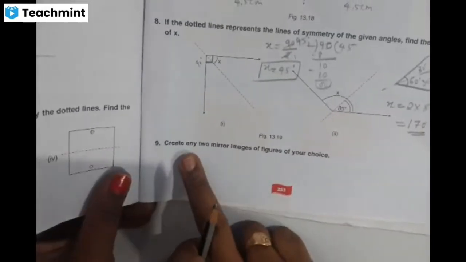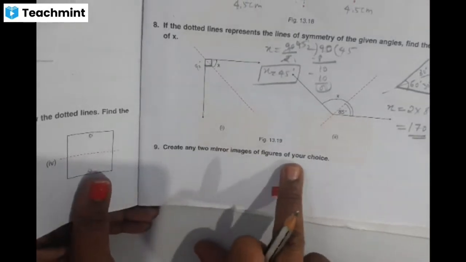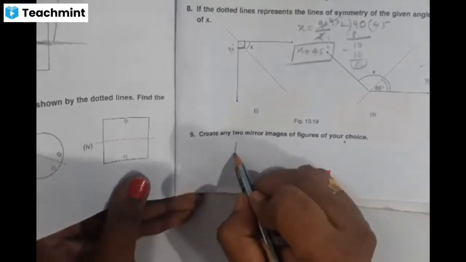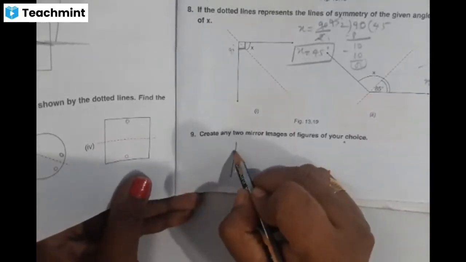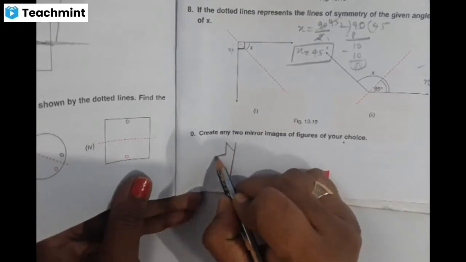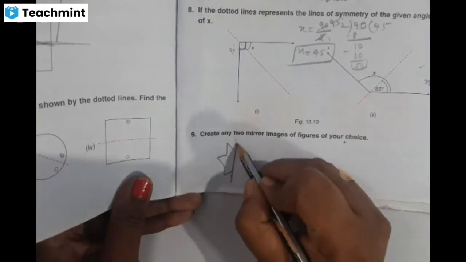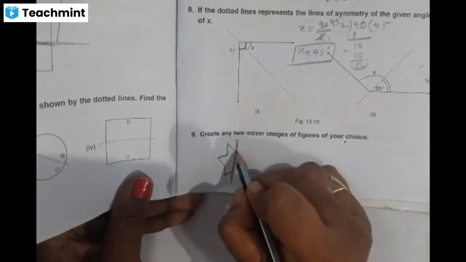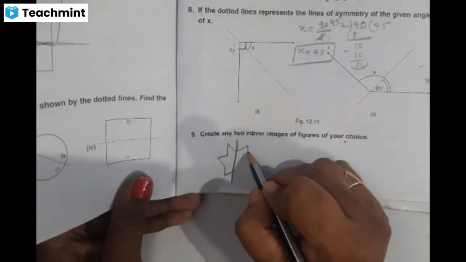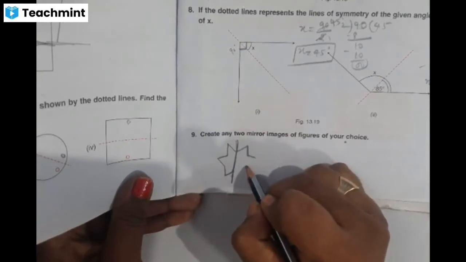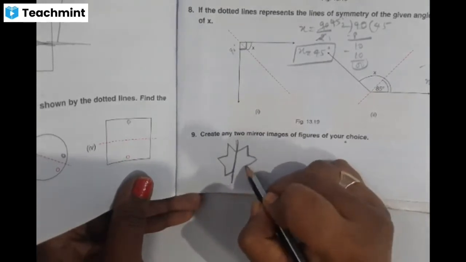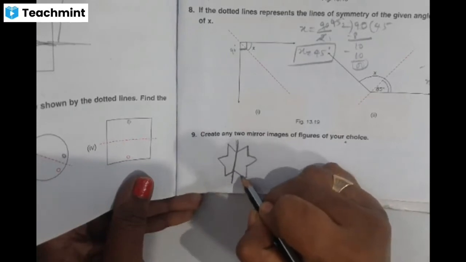Hope you understood this. Next is question number 9. Create any two mirror images of figures of your choice. Any type of mirror images you can draw, children, on your own. If I draw the line of symmetry, the same figure I have to draw on the right side. So you must know how to draw.